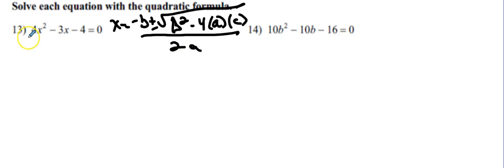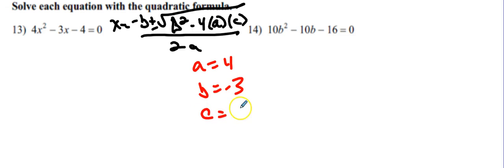If we look at this problem, our values end up being a equals 4, b equals negative 3, c equals negative 4. Now we're going to plug these values right into this equation.